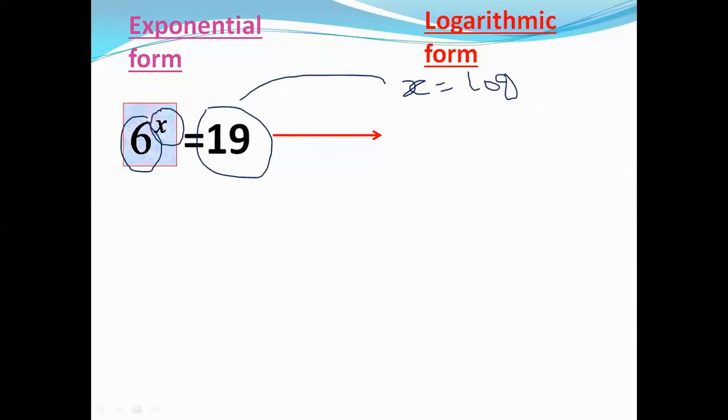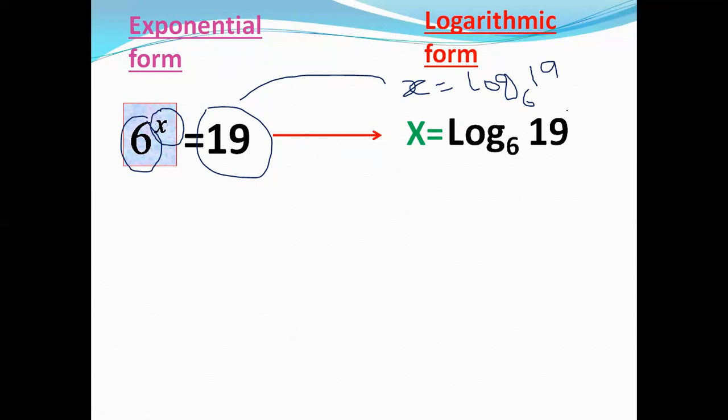So x is equal to log of the result. What is result? 19. And what is base here? 6. So x is equal to log 19 base 6. You have to know how to convert exponential form to logarithmic form.